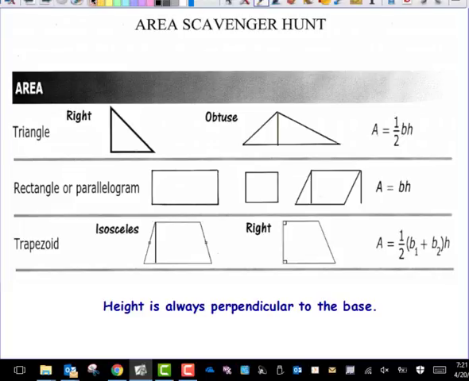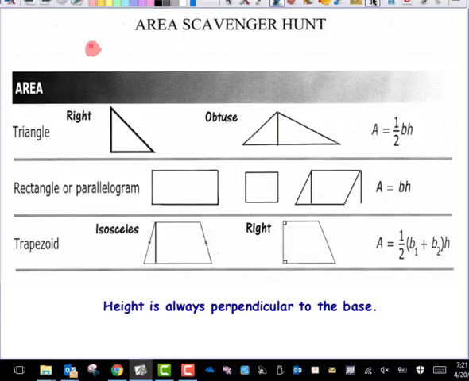So I'm going to use, let's say, red as my base. So I'm going to select red as my base. Okay.